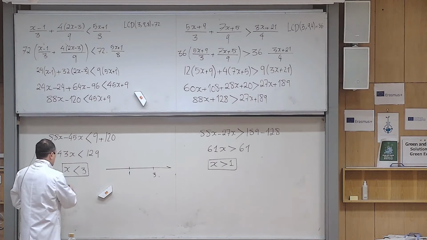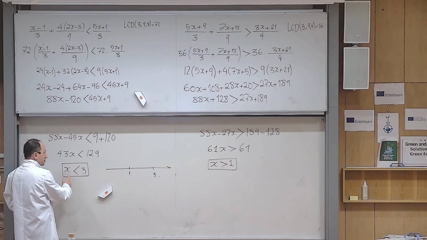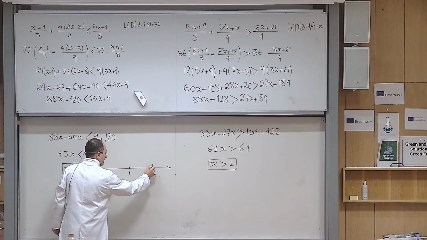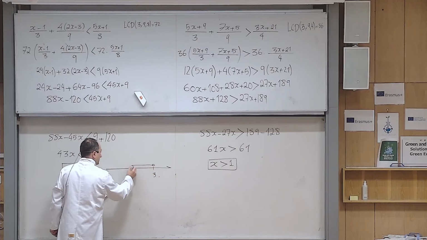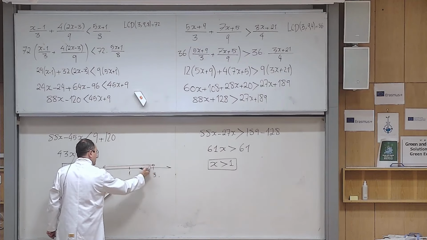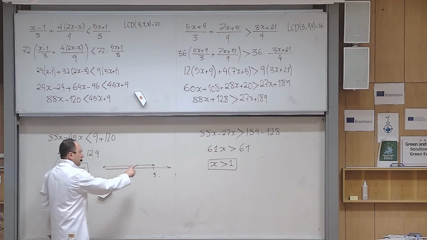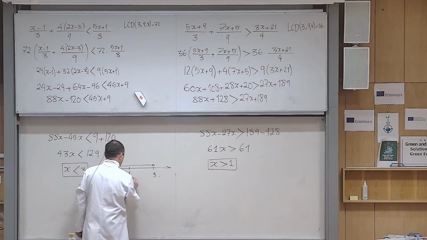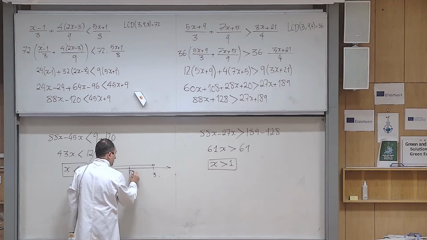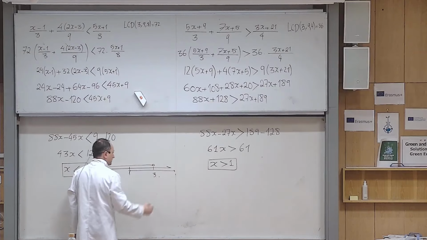This tells me that if I want to respect this, I have to be on the left-hand side of 3. Everywhere on this side, I satisfy this condition, and to satisfy the other, I have to be somewhere on the right-hand side of 1. X should be greater than 1.